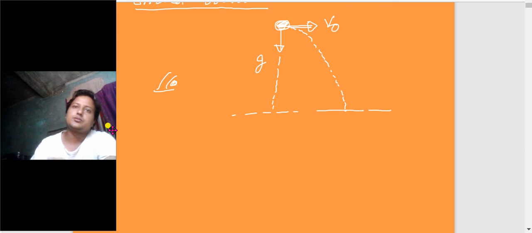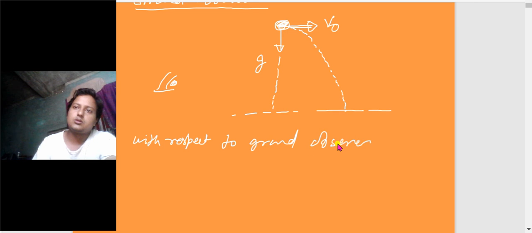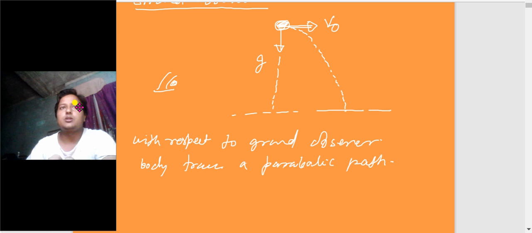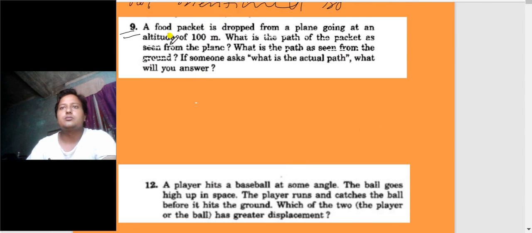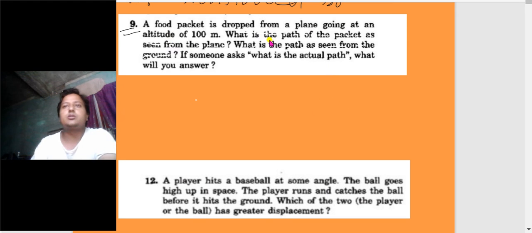So with respect to the ground observer, the body traces a parabolic path. So what is the path of the packet as seen from the plane?